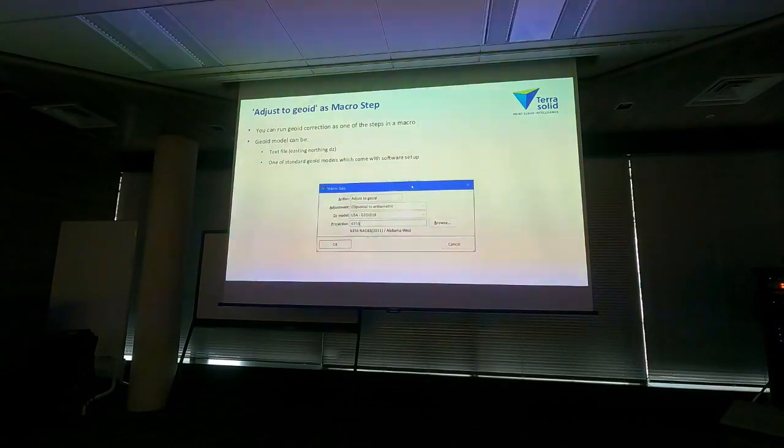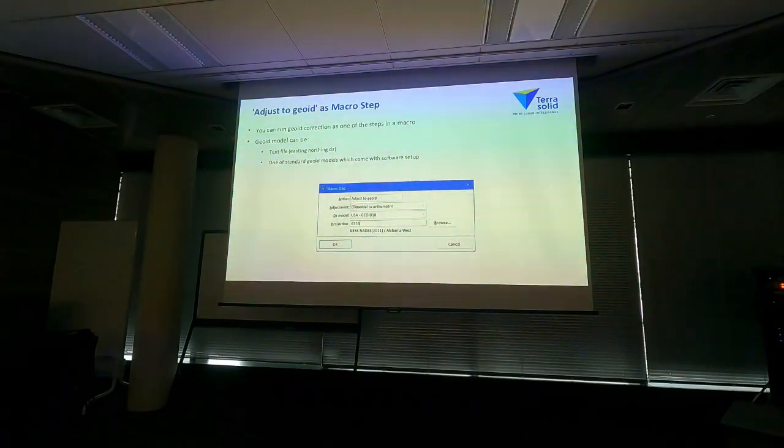Just the geode is now available as a macro step. And so you can do ellipsoidal to orthometric or orthometric to ellipsoidal as a macro step using one of the standard geode models which come with the software setup or a text file with easting, northing, DZ fields.